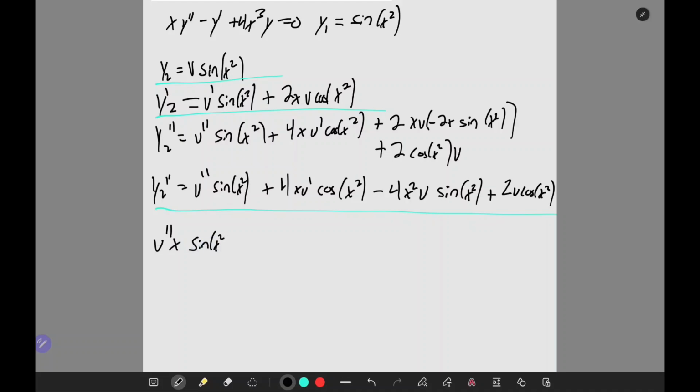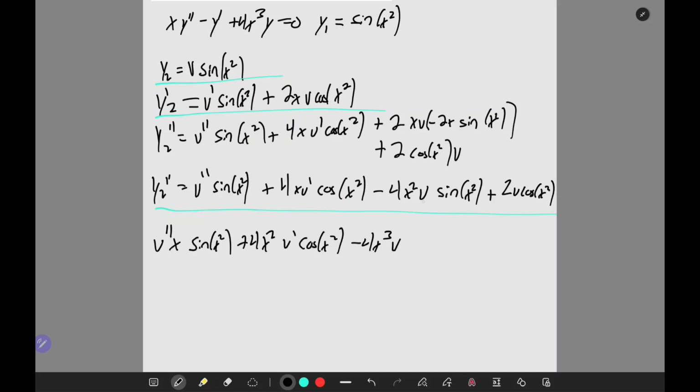This is going to take up multiple lines, if you can't tell already. Plus 4x squared v prime cosine of x squared, minus 4x cubed v. Do any of these combine? I don't think they do. That's unfortunate.